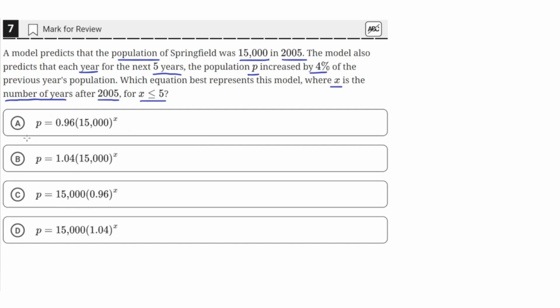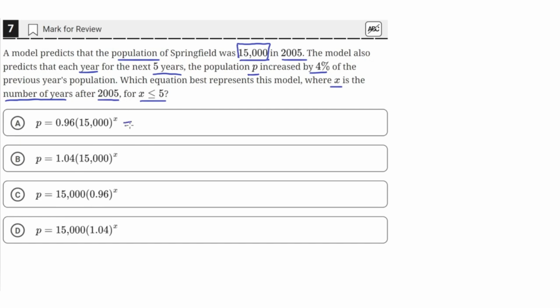Okay, so the first thing we can do is check whether these equations satisfy the initial condition that the initial population must be 15,000. We can do that by setting x equal to 0, because at year 0, or at the starting point, the population should be 15,000.